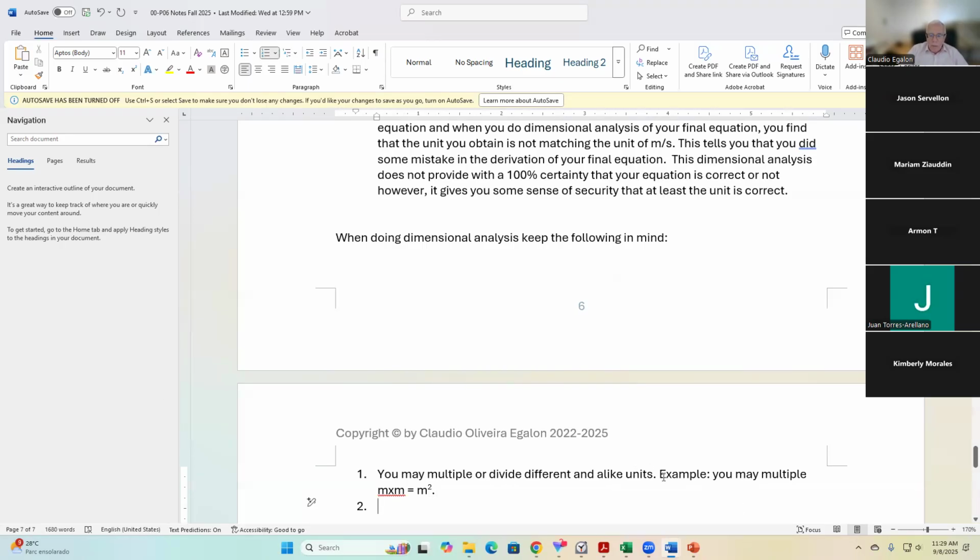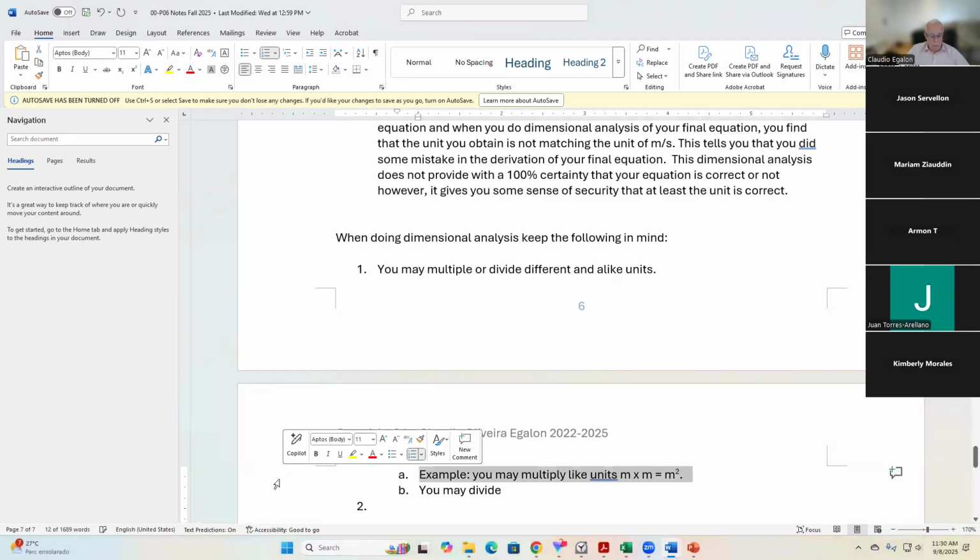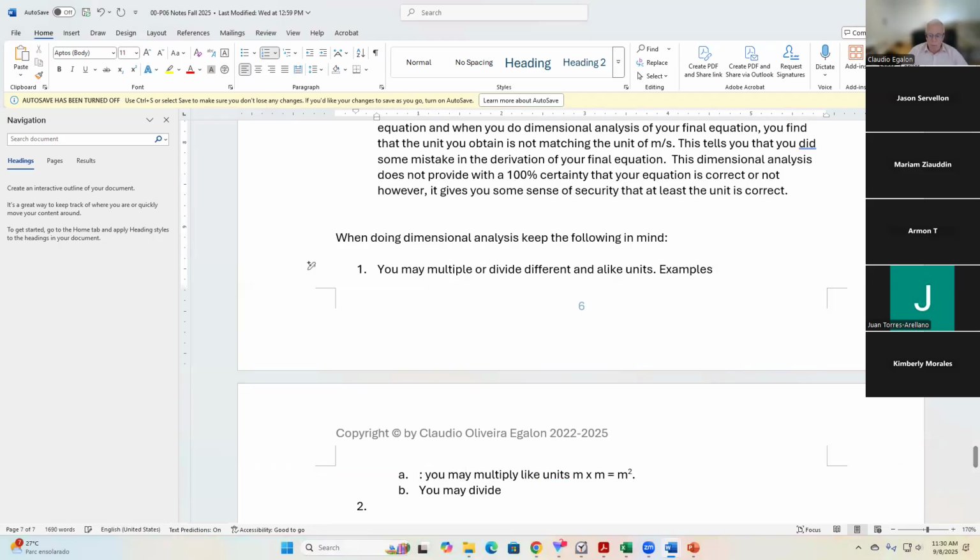Let's see, second example. You may multiply, right here is multiply. I'm going to put a space between those two. You may multiply like units. Like units, okay? Examples.